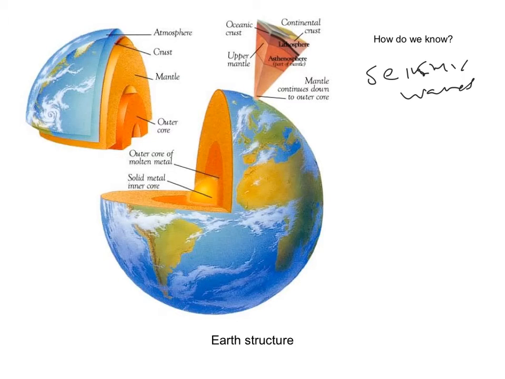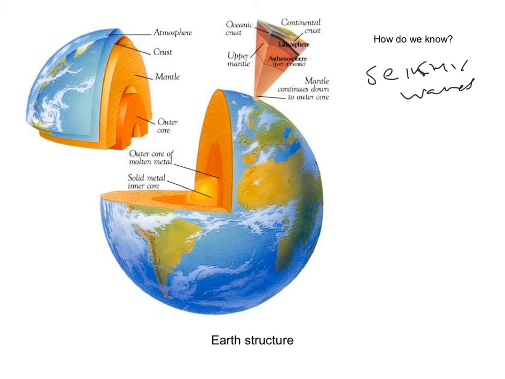These are our interpretations of what the interior of the Earth would be if we actually took a big knife and cut a section out of the Earth, layer cake-like. This is what we would expect to see. But we can't just do just-so stories in science. We have to base these conclusions on different kinds of evidence.